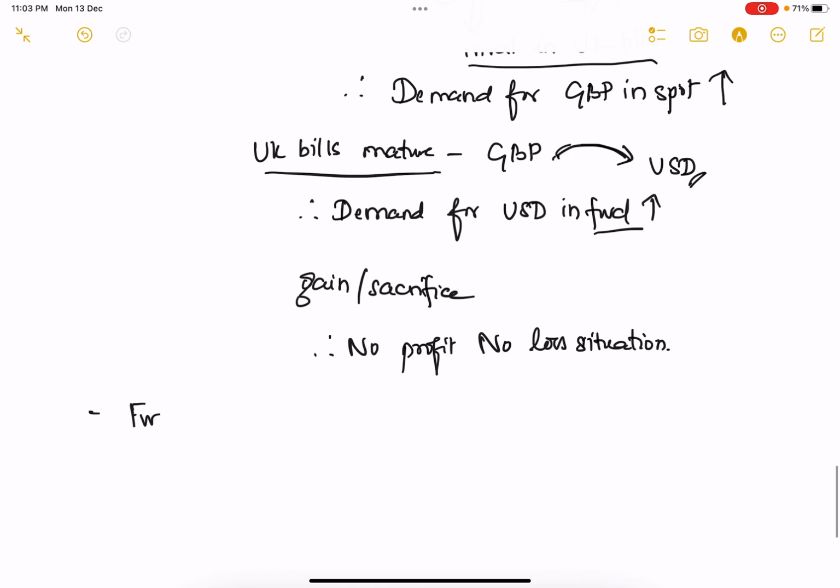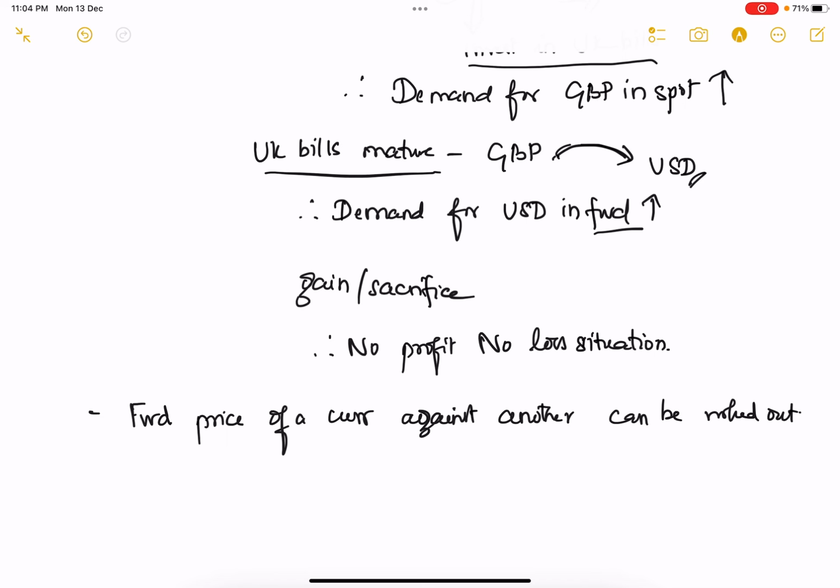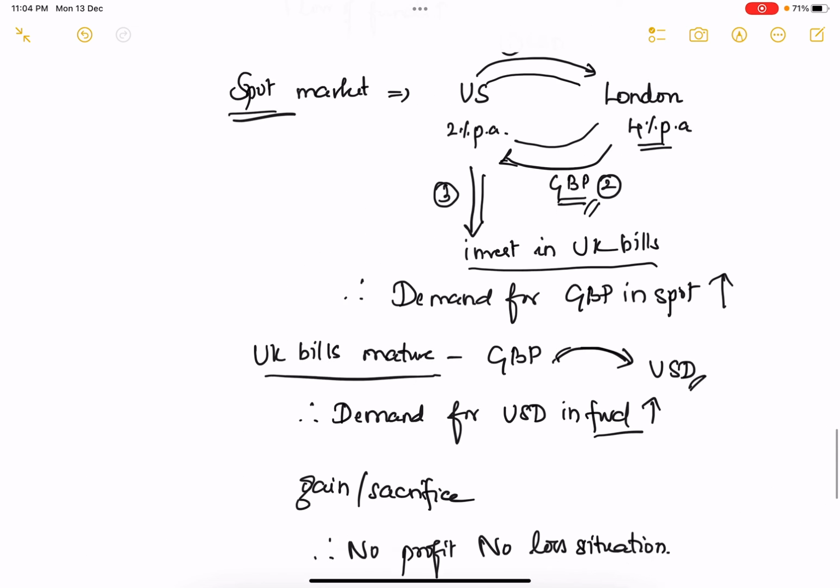So thereby, the forward price of a currency against another can be worked out with the spot price of currencies involved.